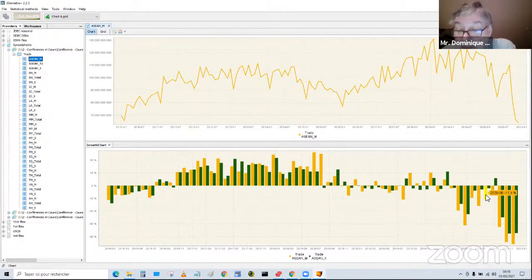You recover, and then a second very deep downturn in November last year, and before, perhaps in October already. So we see that, probably, this is the first wave of the COVID and the second wave, is it?